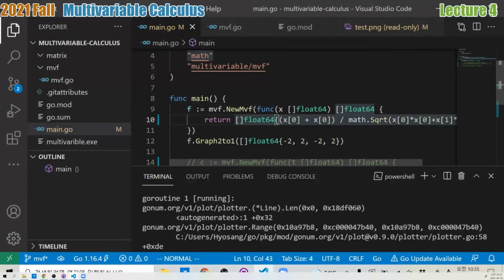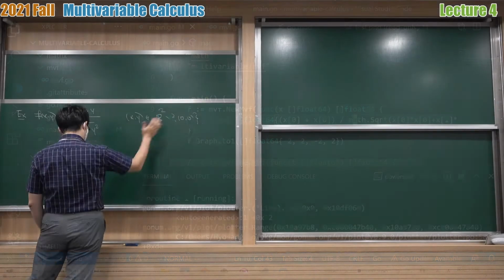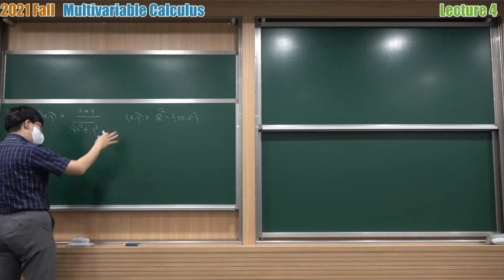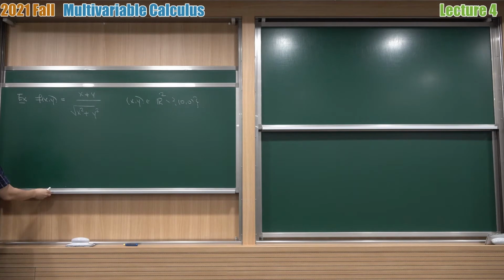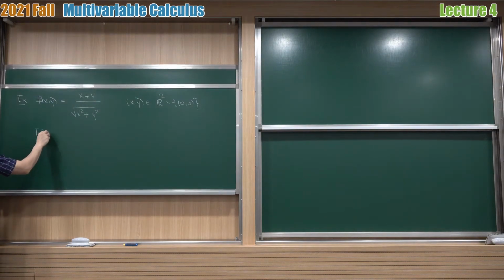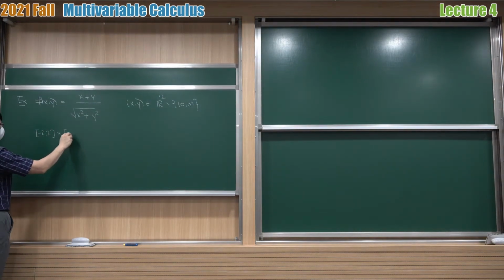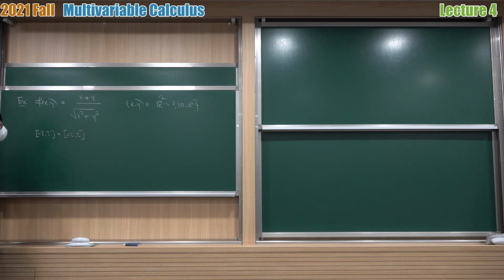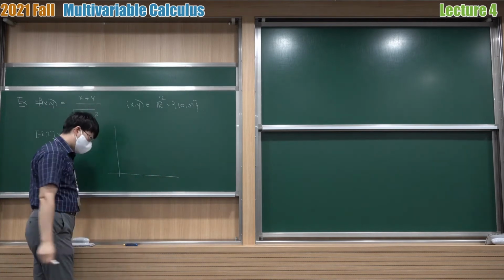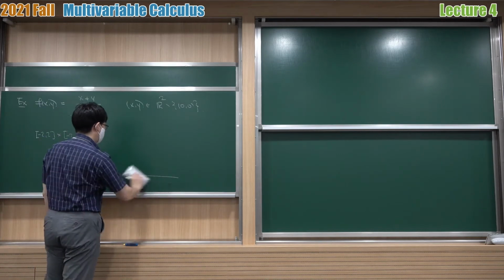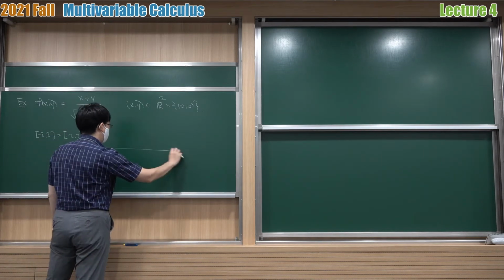Although the domain of the function is the entire plane, we cannot draw the entire plane, of course, in a finite canvas. So when we draw -2 to 2 for x and y, we had n grid points.